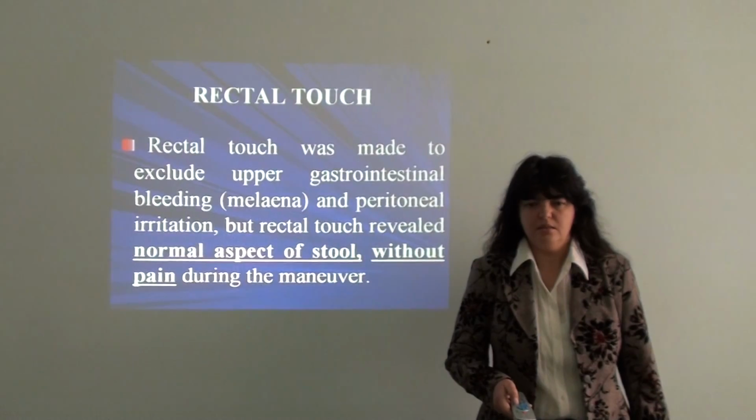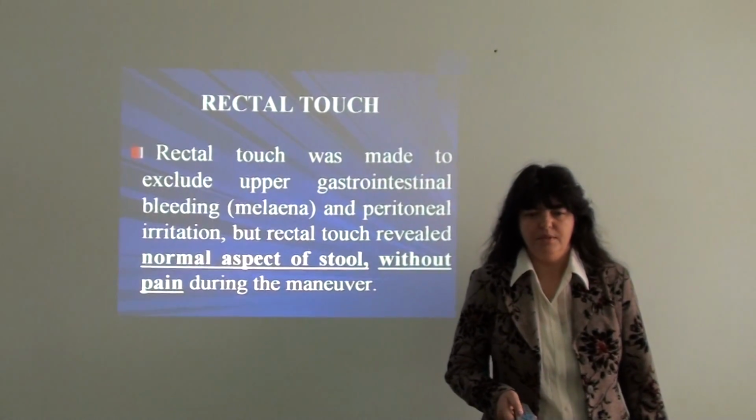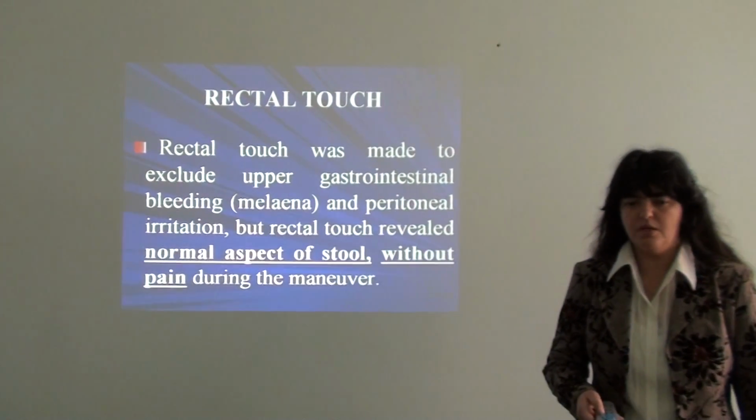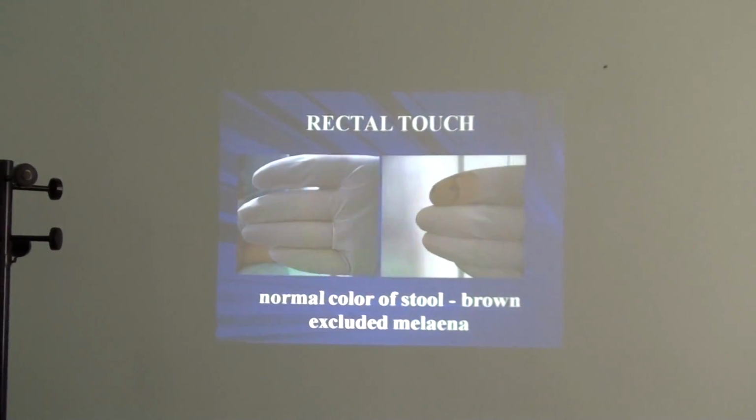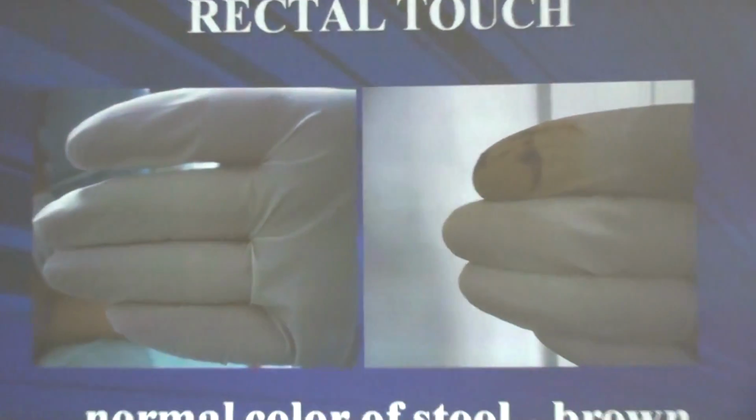In the next slide, follow the image with the aspect of the stool after rectal touch, and we see very well together that the color of the stool was brown, so it was normal, and I excluded melena.